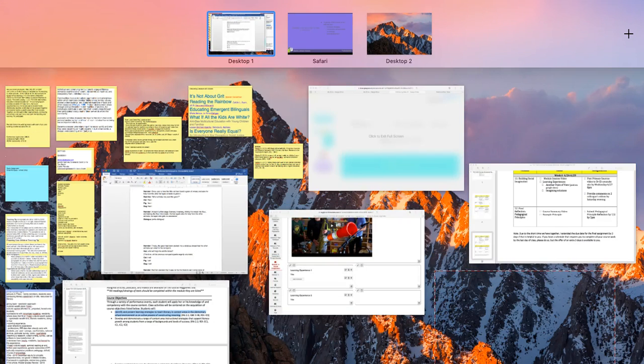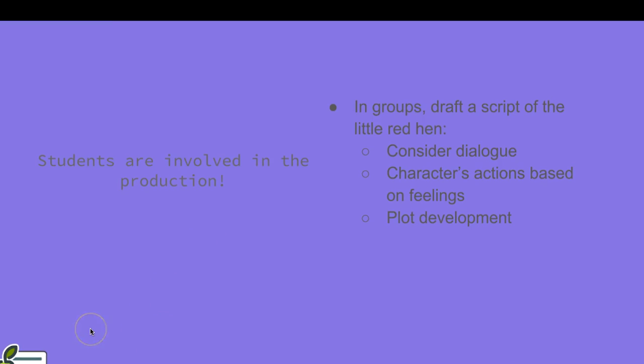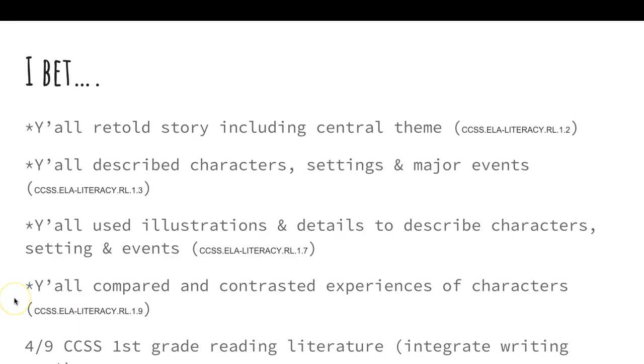So if you were to have walked through this process, then there would have been a lot of benefits to it. But if we look at all of these standards that I've listed here, and I selected first grade standards, they all will have been touched on, right? So through recreating or re-envisioning or rewriting the story, they would have wrestled with the central theme.